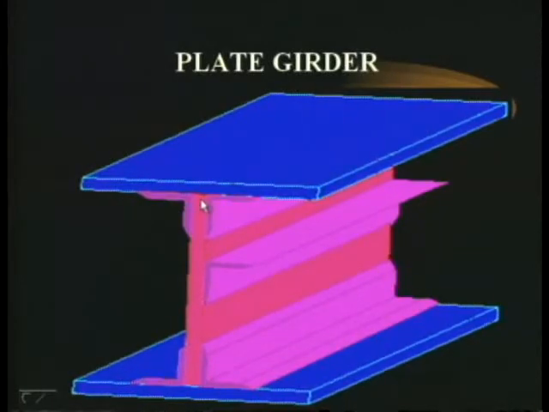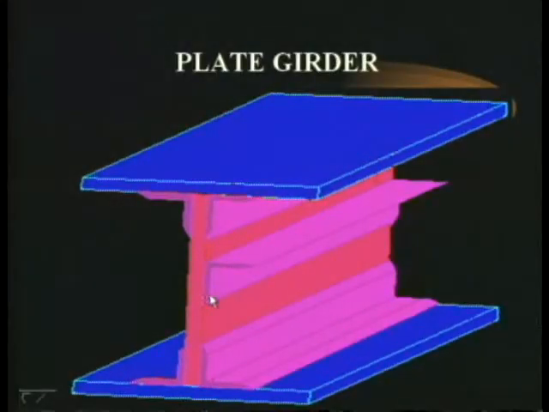Now just imagine what happens to this web plate if it is very deep, as deep as 3 meters or 4 meters. If this is very deep, what happens? It needs some additional support, right? And that support is offered by this stiffener. A stiffener is an angle which offers additional strength to the web plate. This web plate may buckle, it may bend down. The stiffener prevents such a thing from happening.